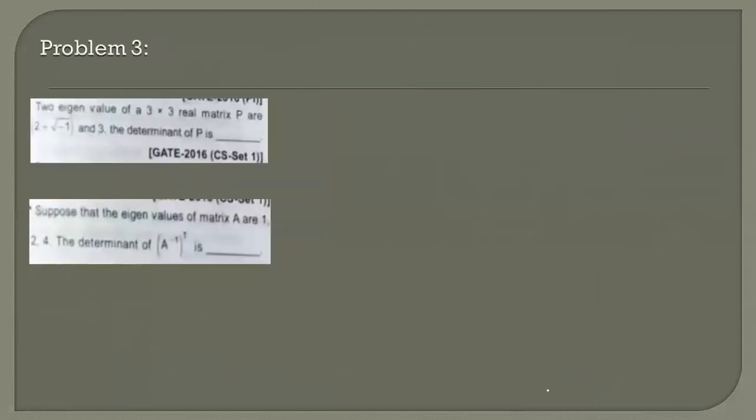Third problem. I have taken two problems, small. Two eigenvalues of a 3 cross 3 matrix P are 2 plus square root of minus 1 and another is 3. Suppose the first eigenvalue is 3 and the second eigenvalue given to you is 2 plus square root of minus 1, or 2 plus iota, and it is a given real matrix.